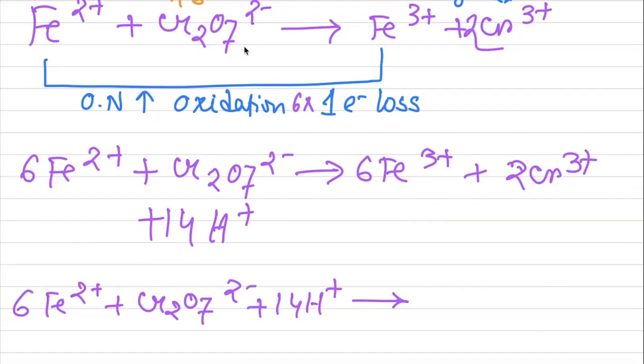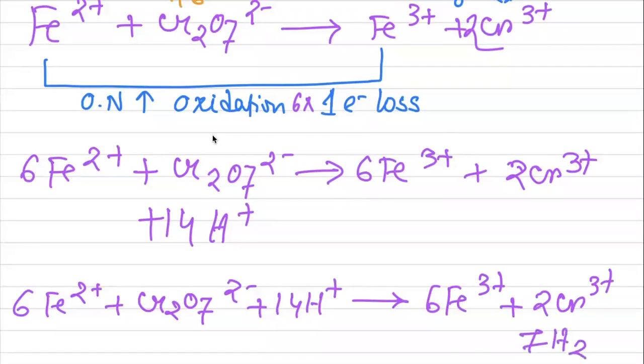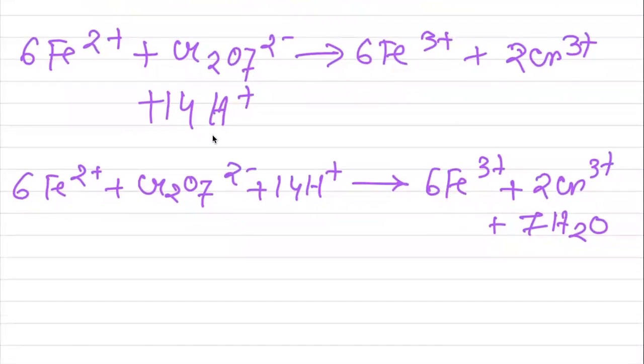If I'm adding 14 H on the reactant side, on the product side also I have to balance hydrogen. 6 Fe3+ plus 2 Cr3+, I have added 14 hydrogen. 14 hydrogen means 7 water molecules. So if I add 7 water molecules here, the reaction is balanced. Oxygen is also balanced, here is 7, here is 7 oxygen. Tell me, understood or not?